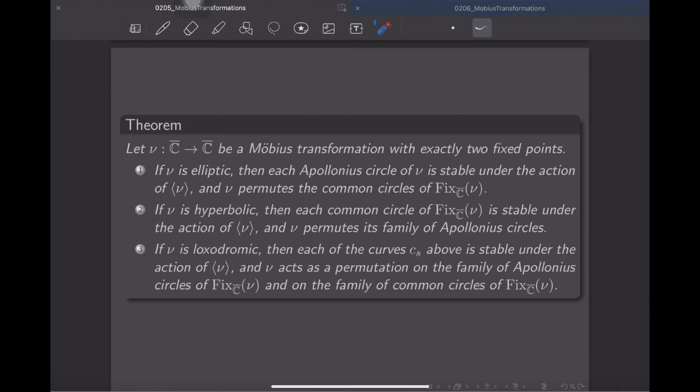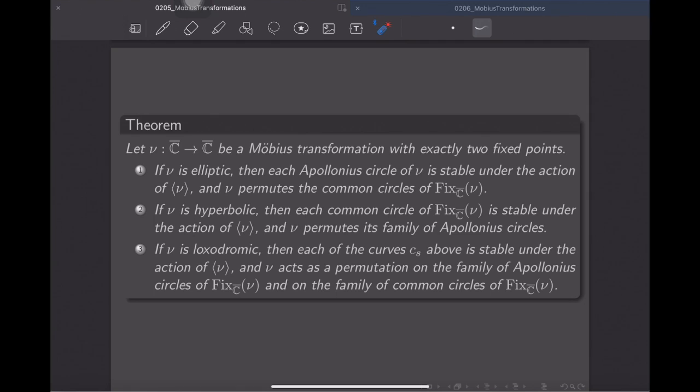And in the hyperbolic case, it's the other way around. The Apollonius circles are permuted by the integral powers of the Möbius transformation, and each of the common circles is stable under the action.